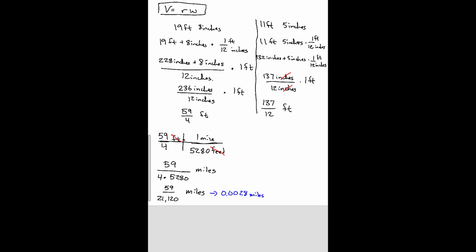Now, doing the same exact process for the next one, for the 137 over 12 feet. 137 over 12 feet times 1 mile per 5,280 feet.